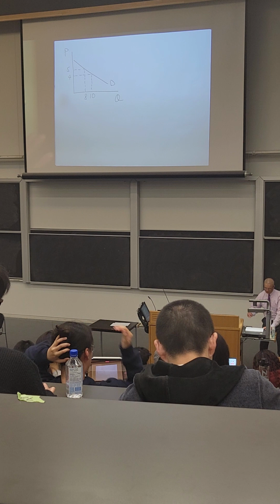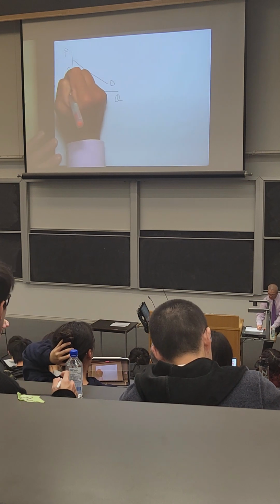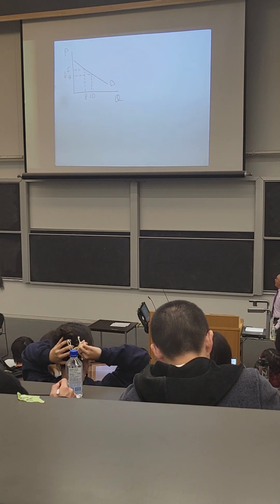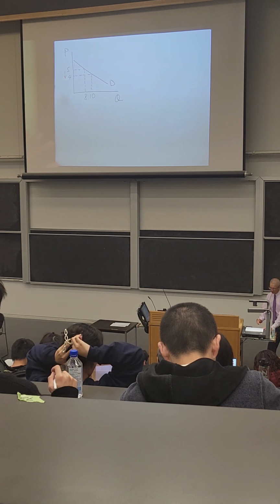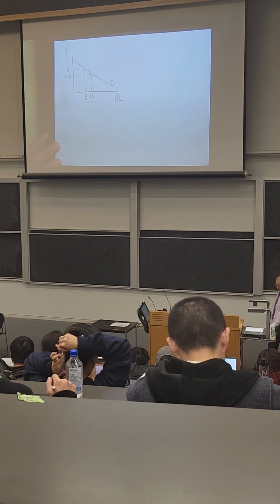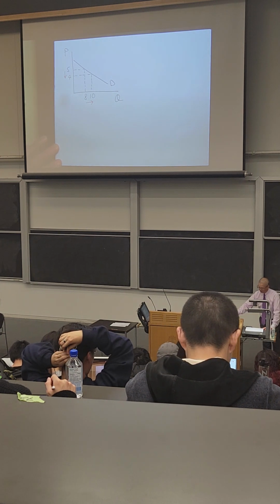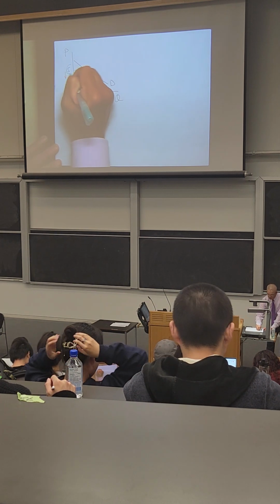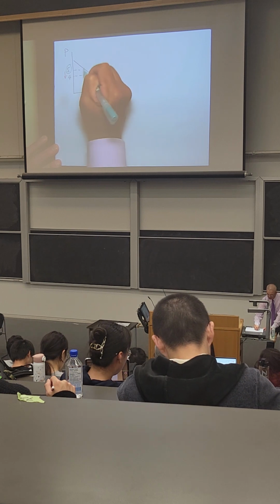So if we have a drop in price from 5 to 4, and the quantity demanded increases from 8 to 10, then this is where we start, this point.